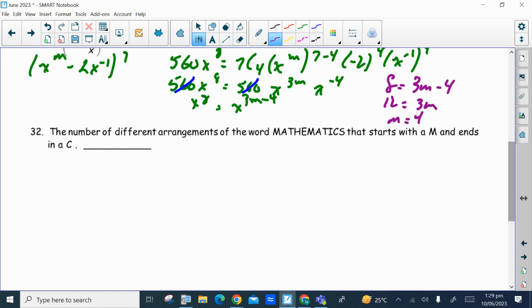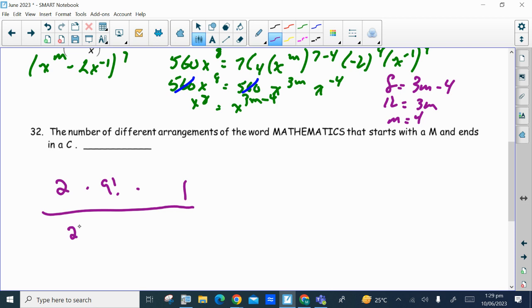Different arrangements of the letters of the word mathematics that start with an M and end with a C. Well, there are two choices for the first letter, one choice for the last letter. There were 11 to begin with, so now you have 9 left, 9 factorial ways of that happening, but there's repetition.